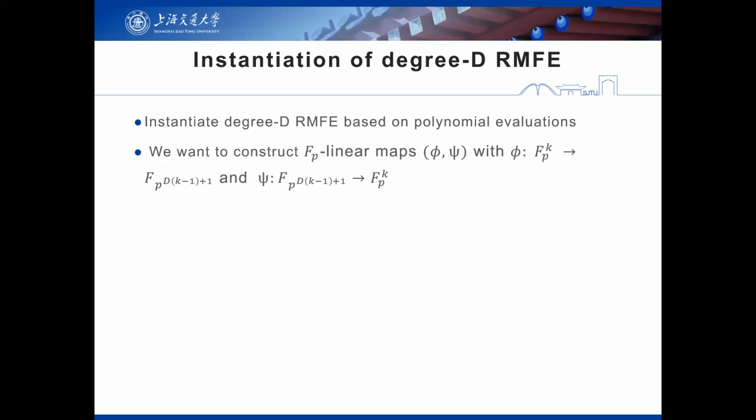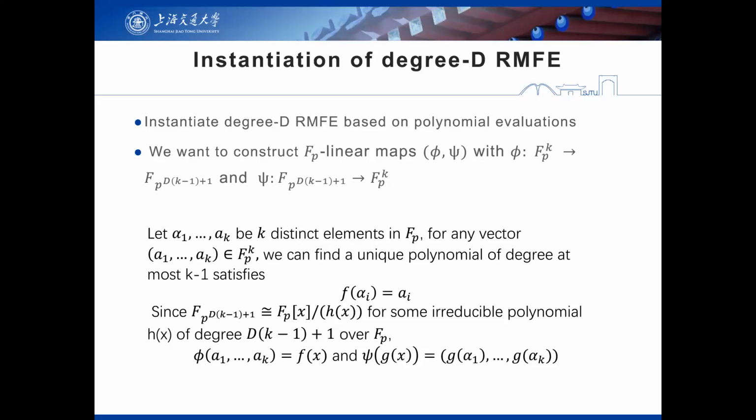Okay. So here I just want to give you some instantiation of degree D RMFE. It's actually not unimaginable. We first use polynomial evaluation to instantiate this degree D RMFE. To make it simpler, I just assume that our map is from F_p^k, the small space, which is a vector space, to the extension field F_{p^(d(k-1)+1)}, and psi is just the inverse map.